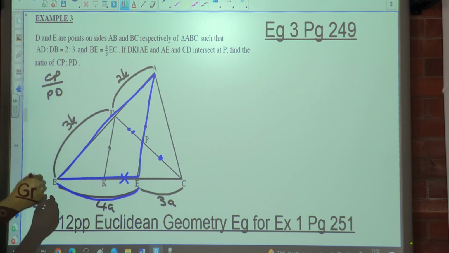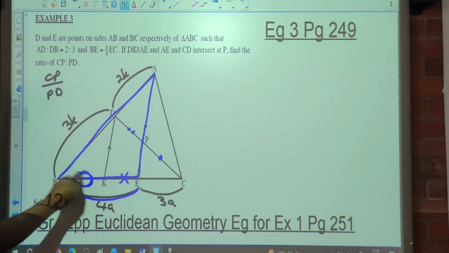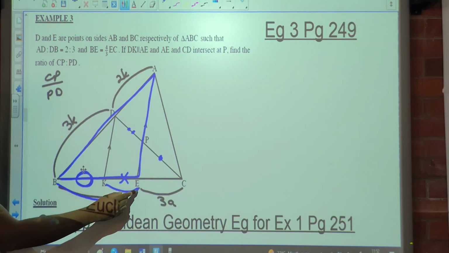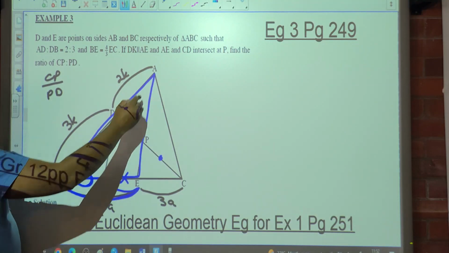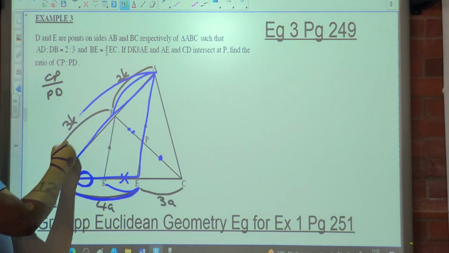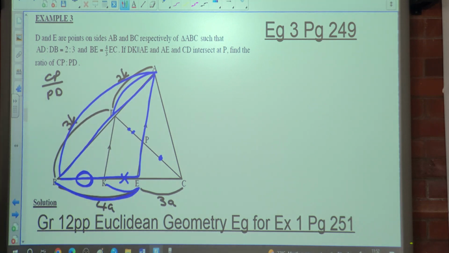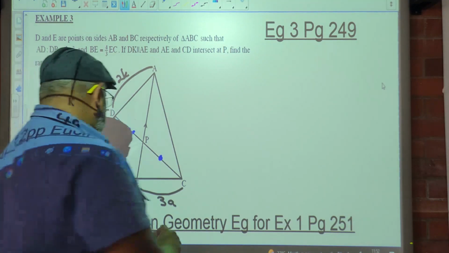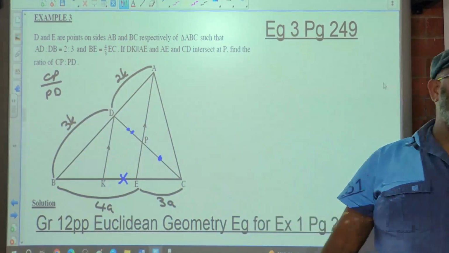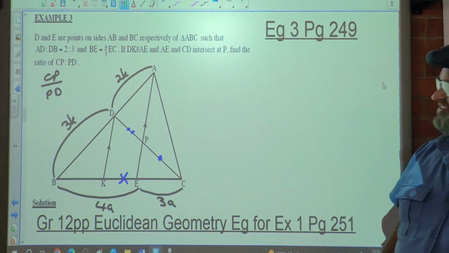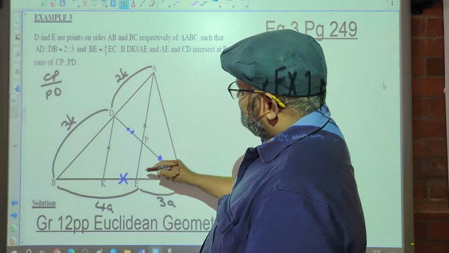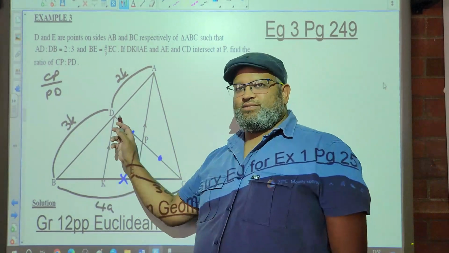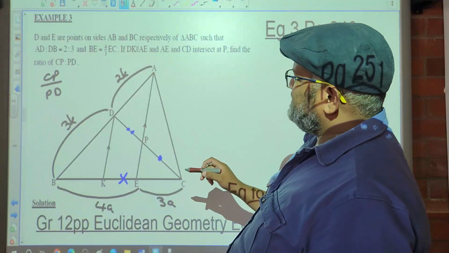You're right, I don't have this. So I must say KE over EB is equal to AD over AB. You're right. Why are you scared to say that I'm wrong? You must say, you're wrong. Right, but that ratio is what it is.